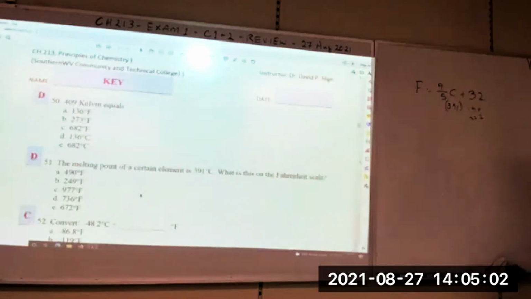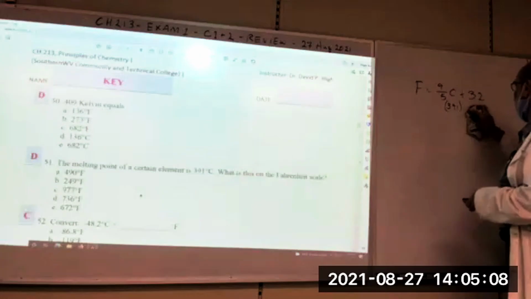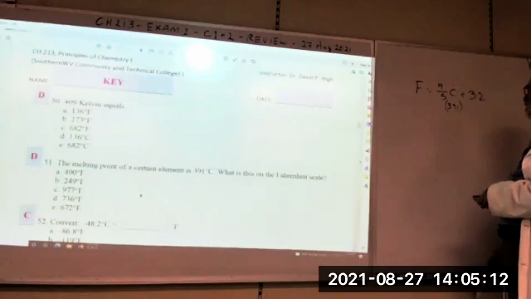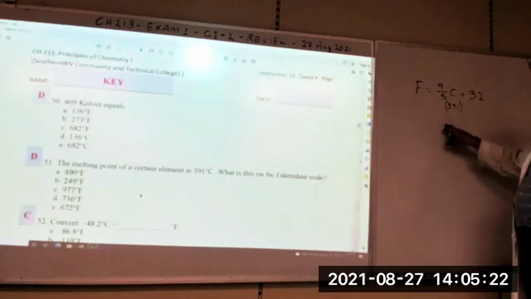So which one's close to that? Oh, no, Fahrenheit, excuse me. No, it's not half of it, it's twice that. So it'll be like 632 or 732. So it's either one of these two. Right? So I can't get it by estimating easily. So you have to actually calculate it.